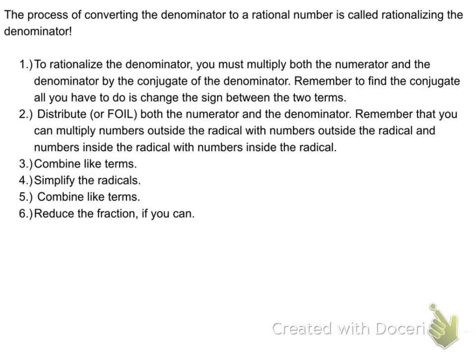To rationalize the denominator, you must multiply both the numerator and the denominator by the conjugate of the denominator. So now you're probably thinking, okay, that's a new word for me, right? Conjugate. Okay, watch this, guys. New word. Conjugate.